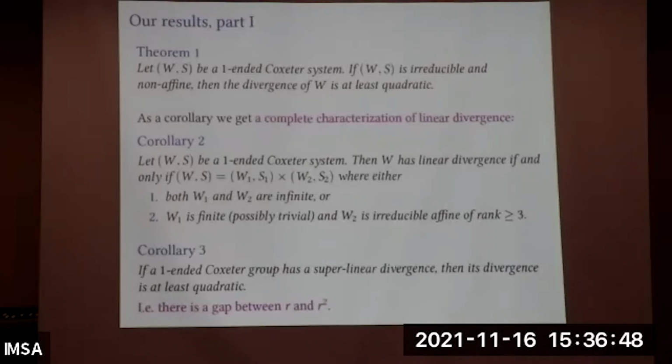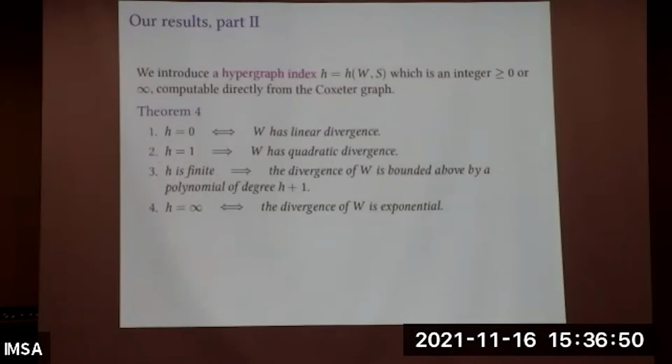So next, we define a hypergraph index, which is an integer or the symbol infinity, computable directly from the Coxeter graph. If h is 0, the group has linear divergence. If h is 1, the group has quadratic divergence.